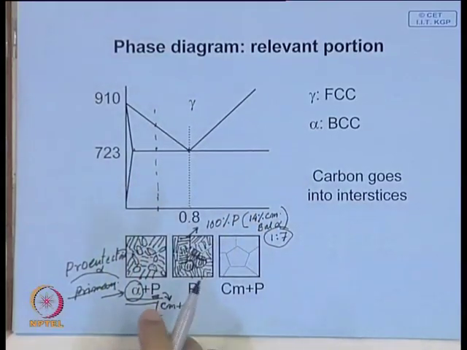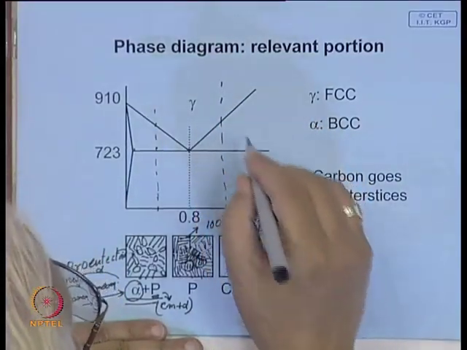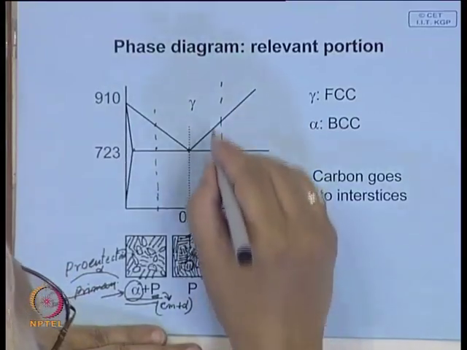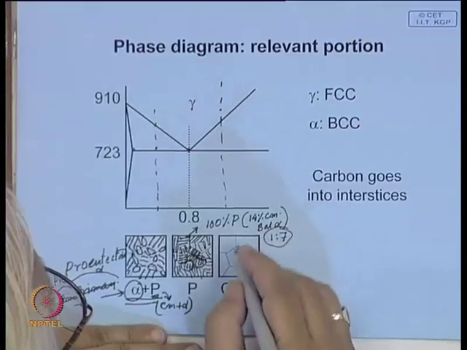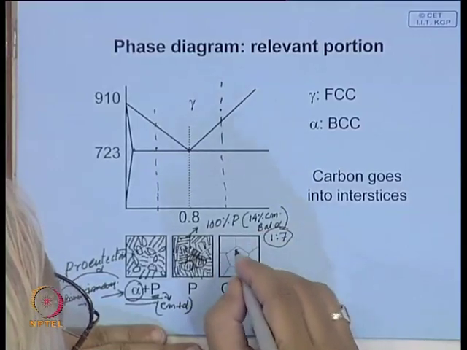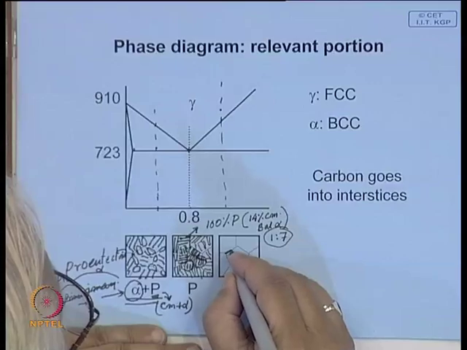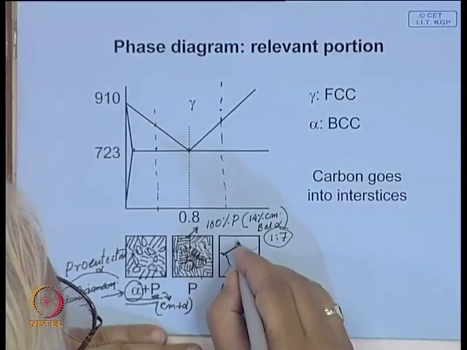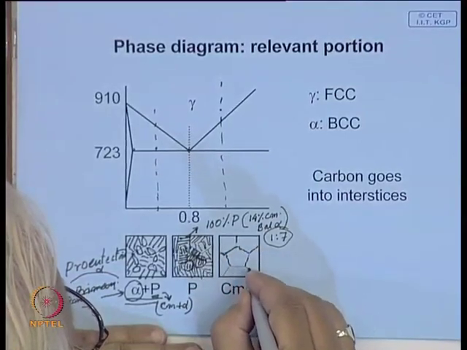Now, a similar thing happens here. This is called hypereutectoid steel, and when you cool from this austenitic region, initially proeutectoid cementite will form. When it forms, you will find it forms along the grain boundary first, and often forms a thin film around the grain boundary, because these are the likely places.